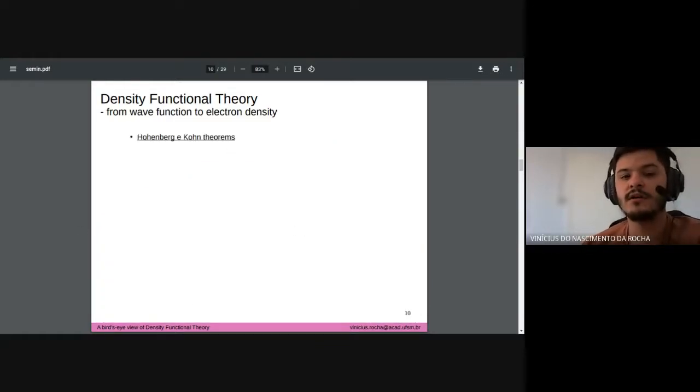So the question now is whether by making this switch, we are able to arrive at the correct properties of the materials. So Hohenberg and Kohn in 64 published a work presenting the so-called Hohenberg and Kohn theorems, where they show that it is possible to change the wave function by electron density and still have the correct energy of ground states.